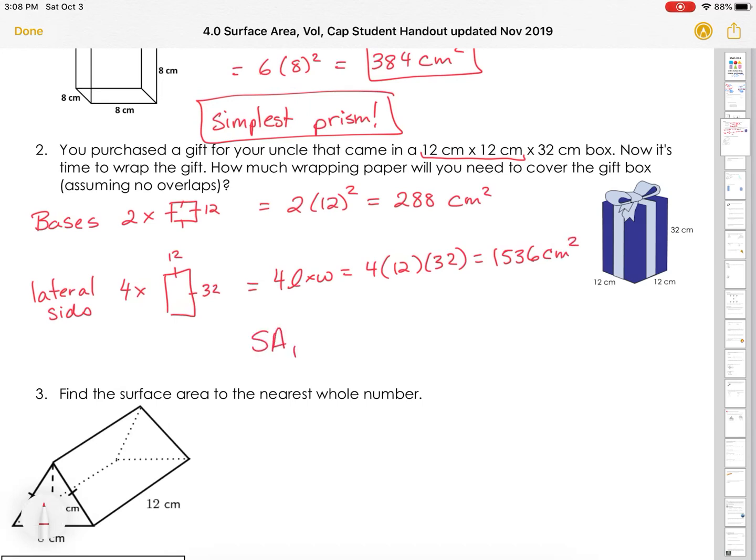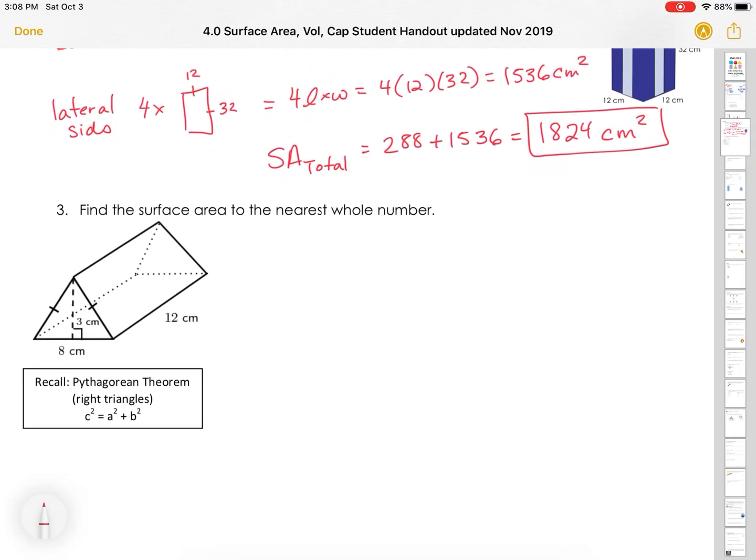The total surface area equals 288 plus 1536, which equals 1824 centimeters squared. Okay, so it's just kind of sorting out what's there. If it helps you to draw a picture, draw the net, you can do that.